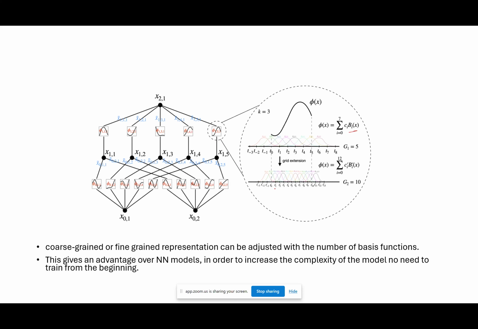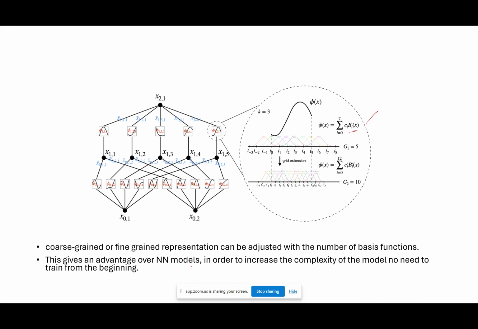Intuitively, since it's a combination of multiple splines, the final constructed curve should be a little more complex, so it can approximate the function's curvature better. Also, this is coarse grained, where the basis functions are separated by a larger distance compared to fine grained.